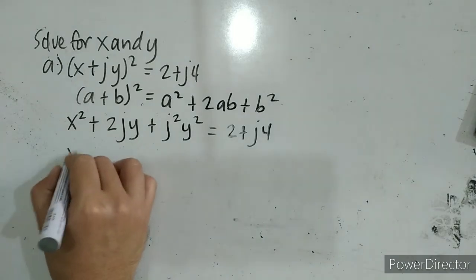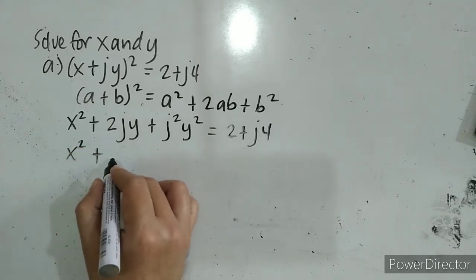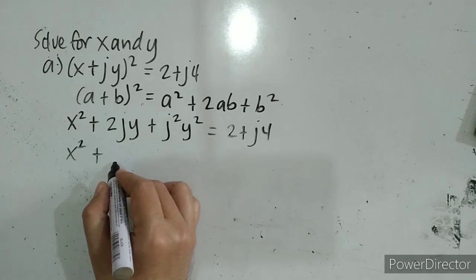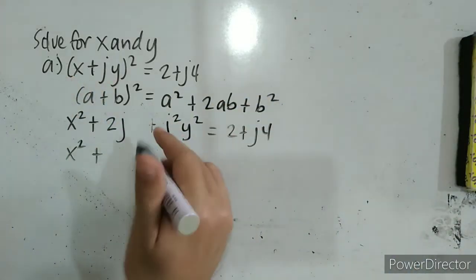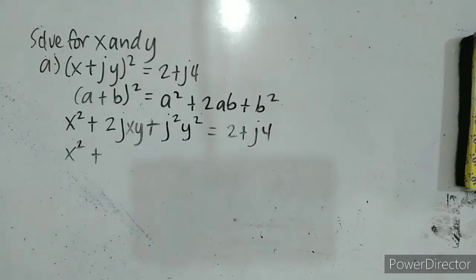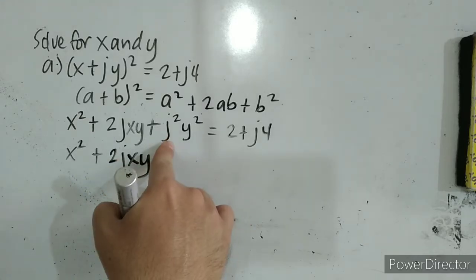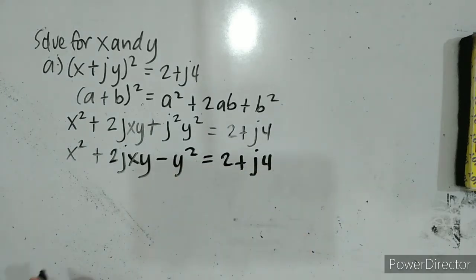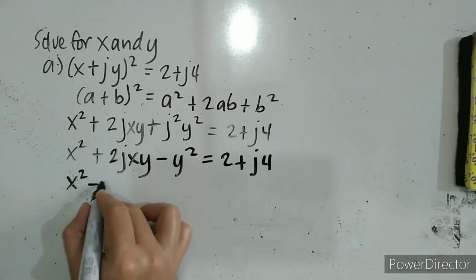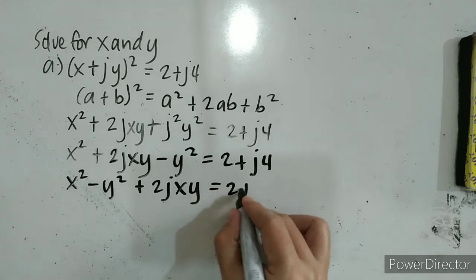So we have x squared plus 2jxy, this is 2 times x times jy, and then negative 1 times y squared equals 2 plus j4. So this becomes x squared minus y squared plus 2jxy equals 2 plus j4.